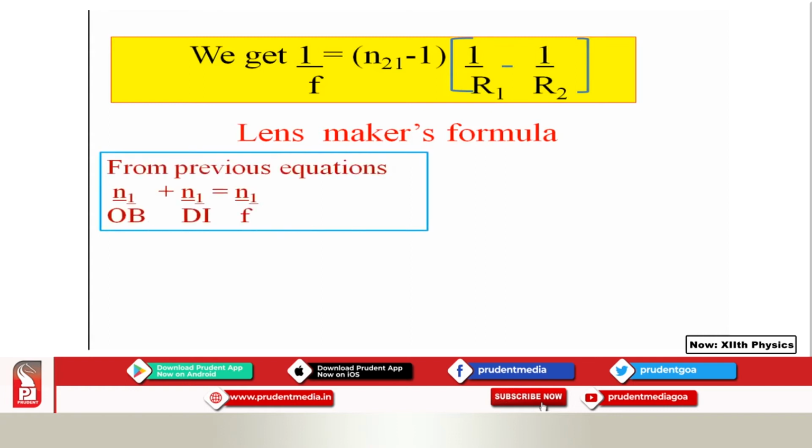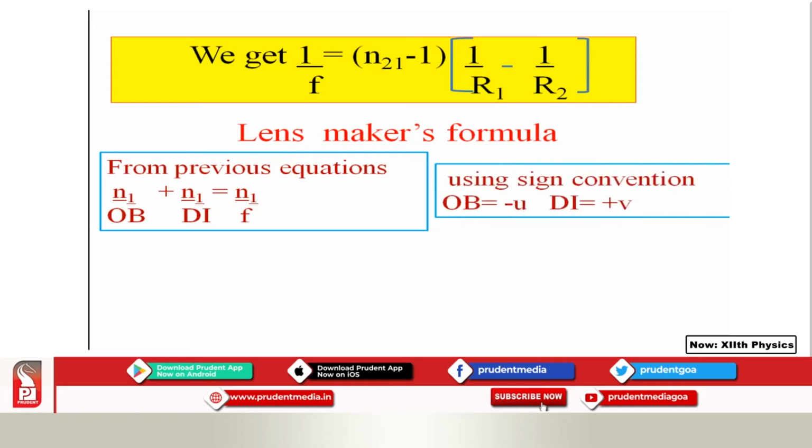Now, from few previous equations, I can have this equation equating the two sides. So, N1 upon OB, N1 upon DI, this was object distance, image distance and the focal length. Again, I can use the sign convention. Okay, object distance is minus and the image distance is plus.